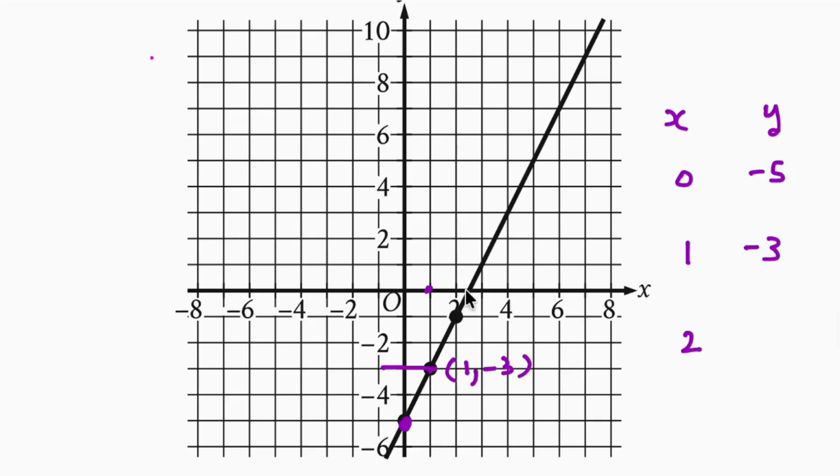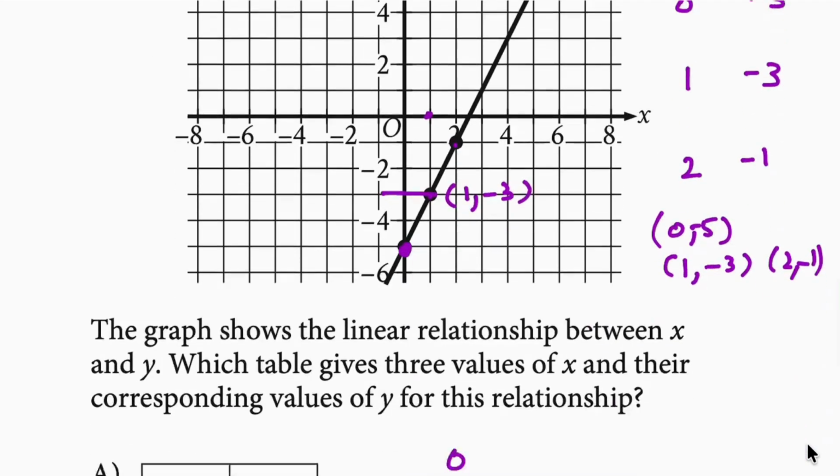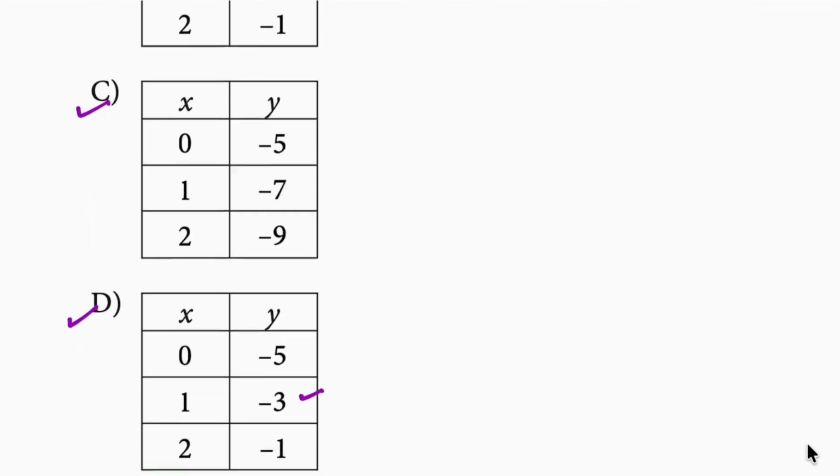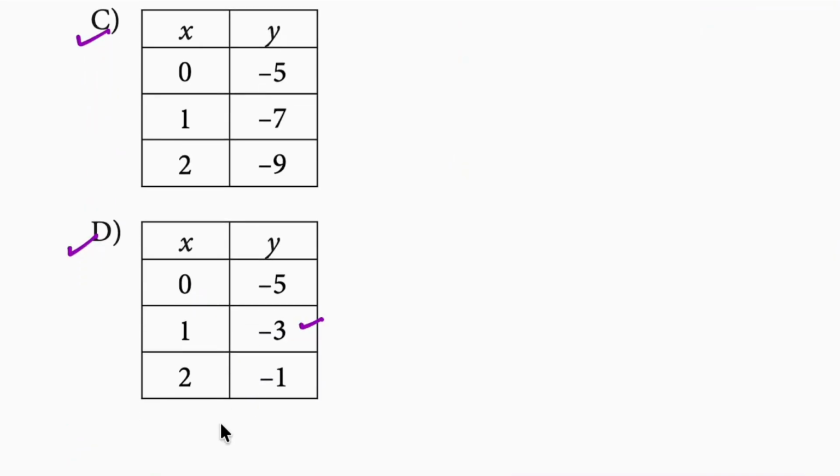And when x is 2, y is -1. Right? So the coordinates are 0 and -5, 1 and -3, 2 and -1. Let's go to the graph. So yes, D is the right option. Do it your way, however you are comfortable.